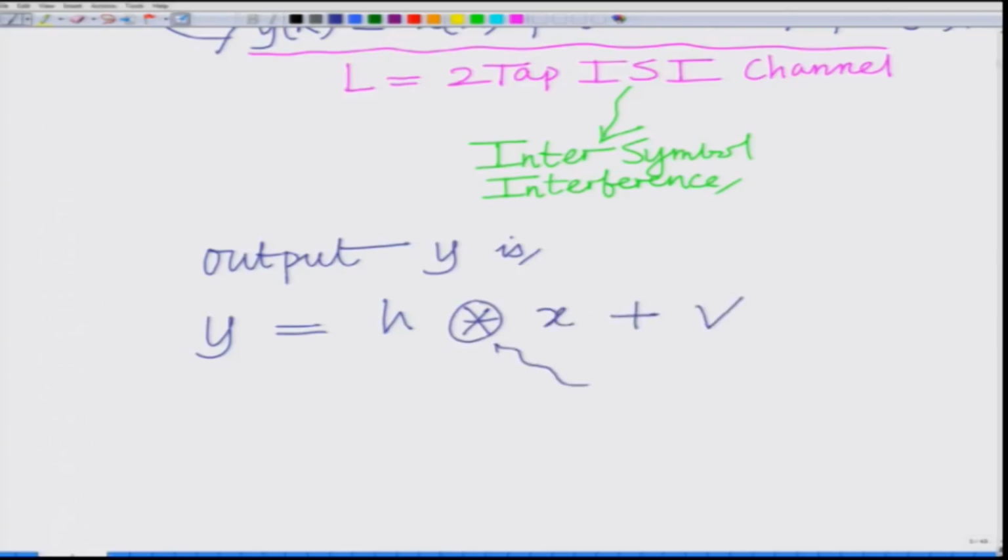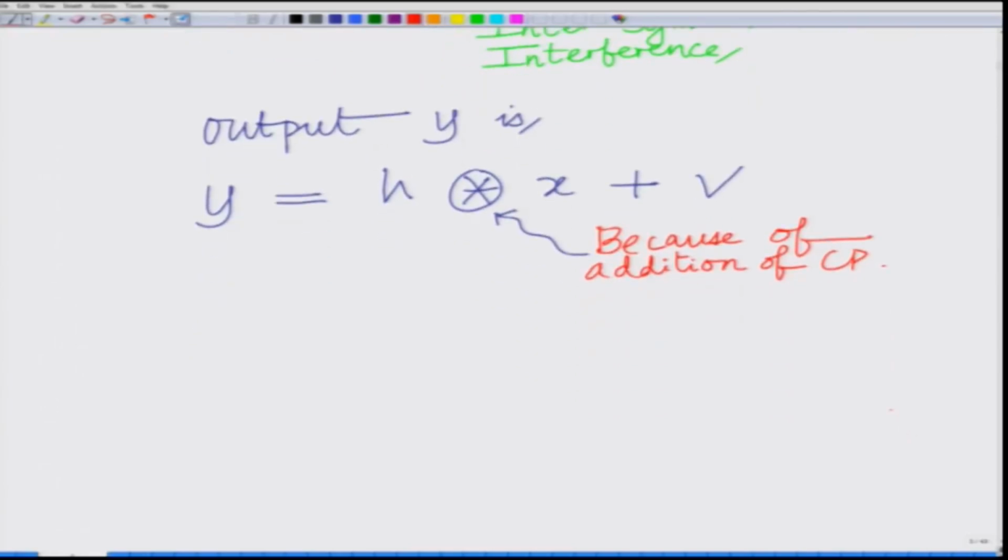It is important to keep in mind that because of the addition of the cyclic prefix, this linear convolution has become a circular convolution.